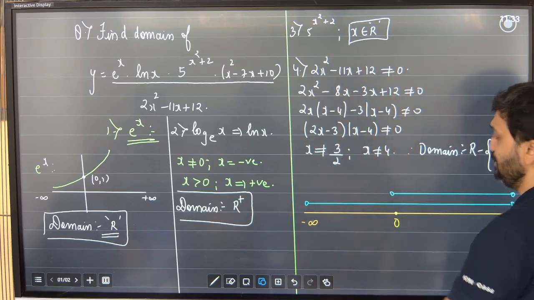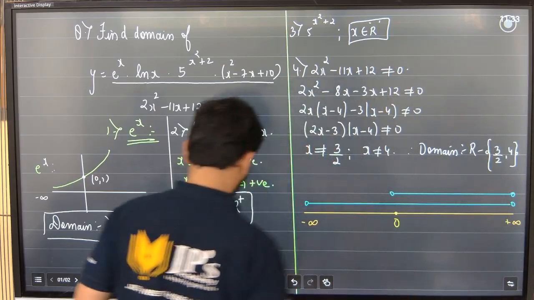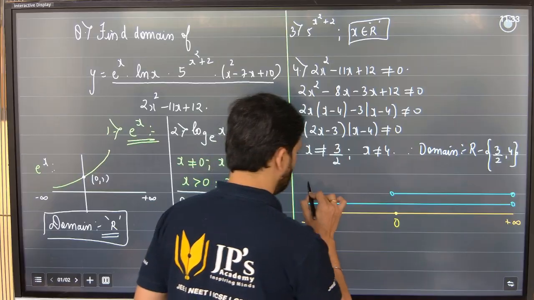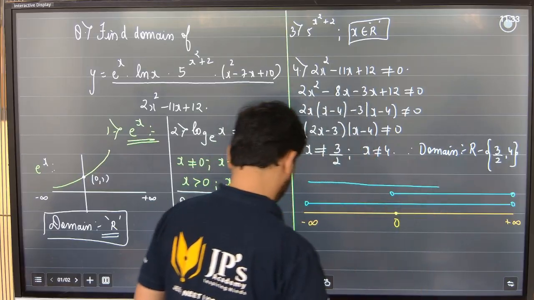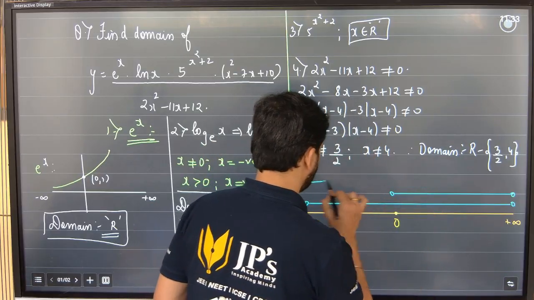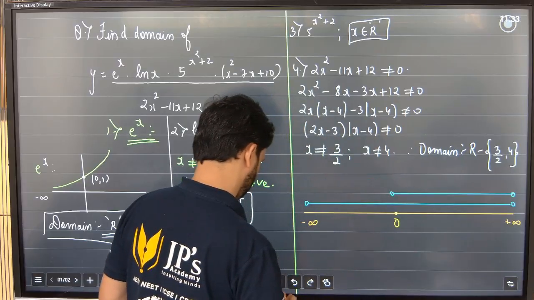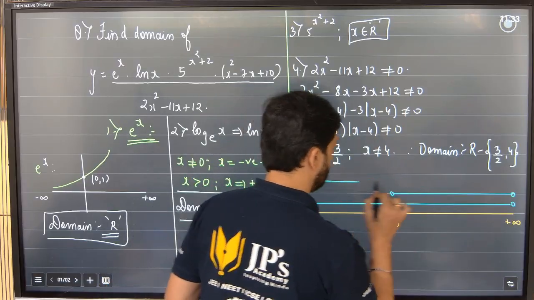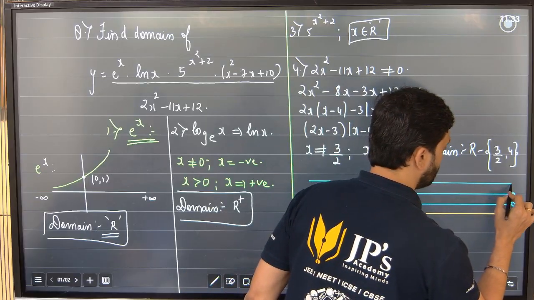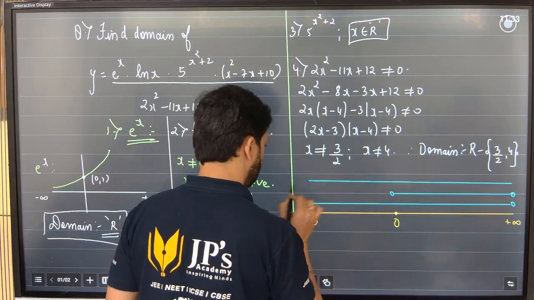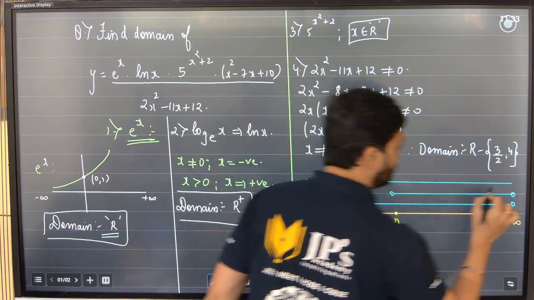थर्ड पार्ट वापस रियल नंबर्स है, नो प्रॉब्लम एट ऑल. तो थर्ड पार्ट में वापस प्लॉट करता हूँ. ये यहाँ से यहाँ तक आ गया, ये है यहाँ से यहाँ तक.